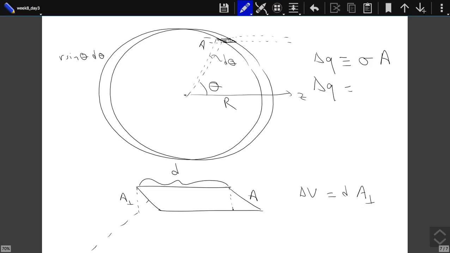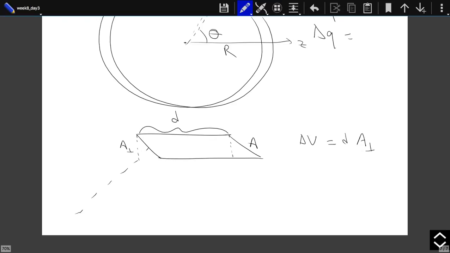Then the volume doesn't change, since I just moved one volume to the other part. The volume is d times a perp. Now, what is a perp? A perp is perpendicular to the z-axis. If you just extend it, this angle over here is theta. So a perp is nothing but a times cosine theta.